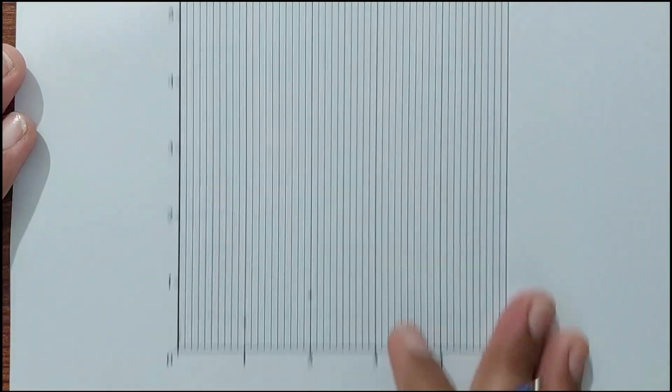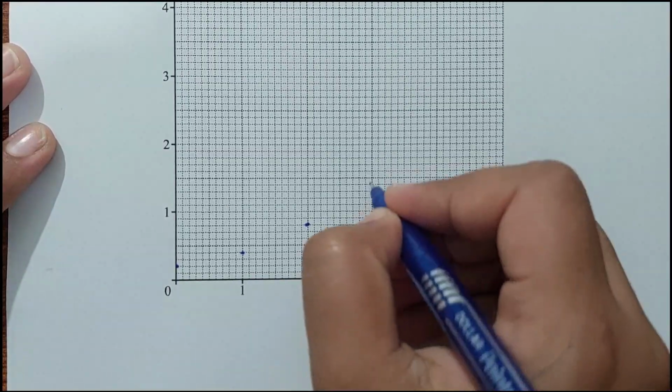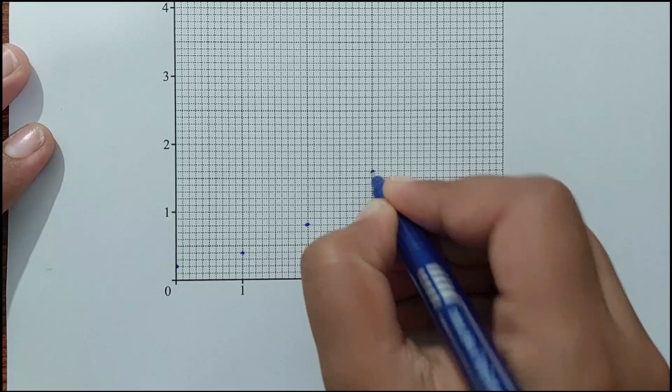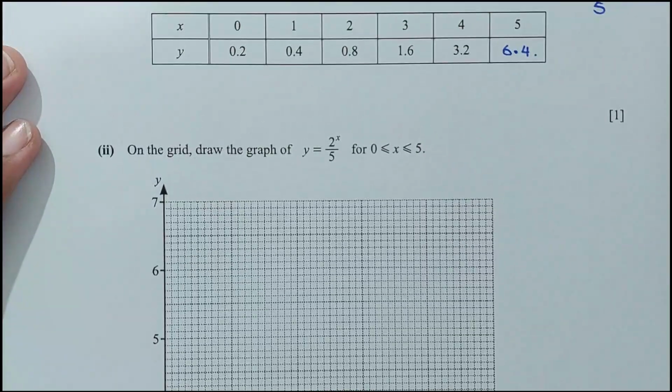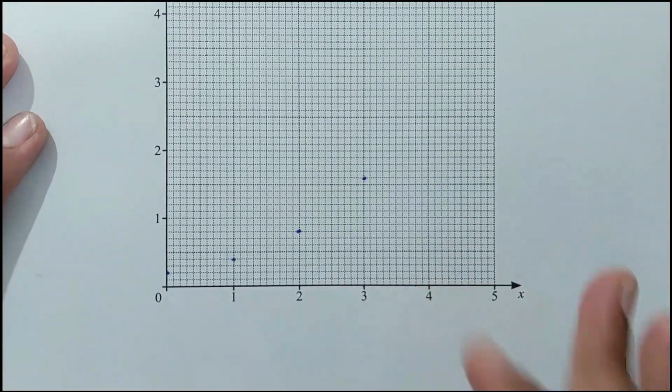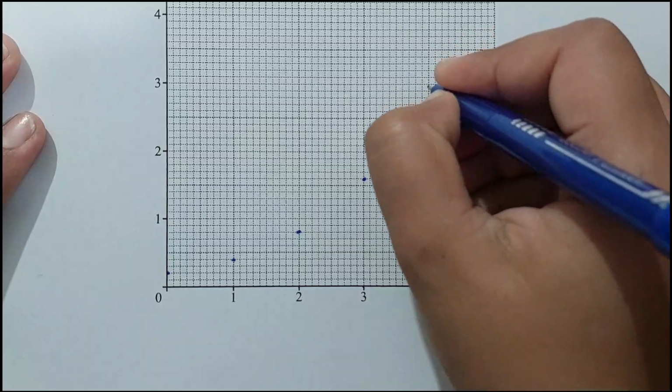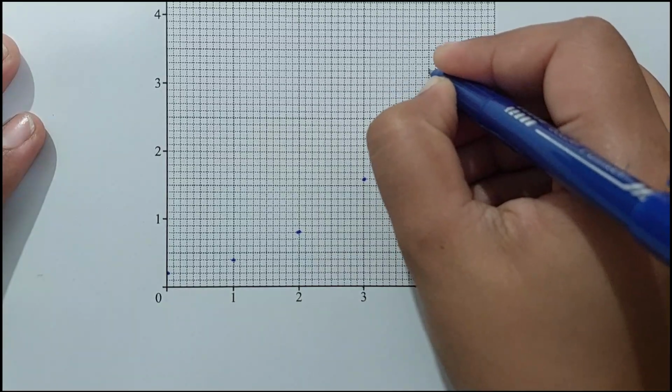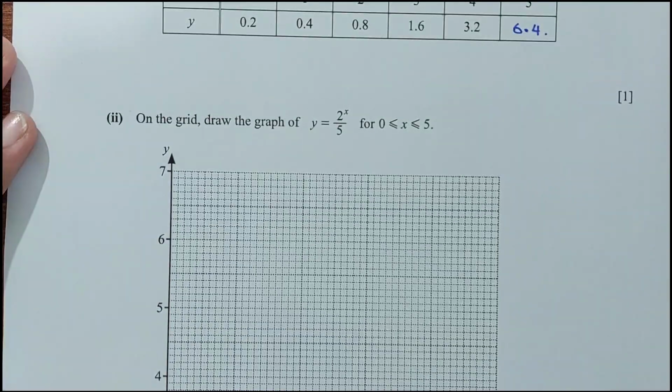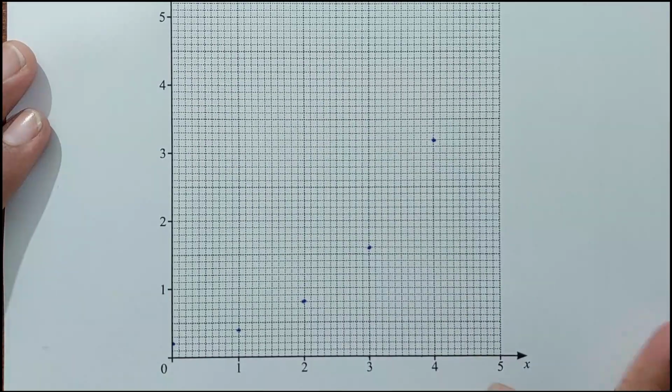When x is 3, y is 1.6. When x is 4, y is 3.2. And when x is 5, we just found y is 6.4.